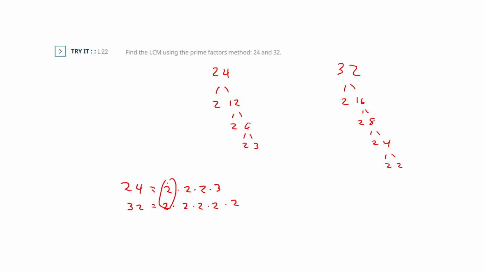Okay, so every time they share 1, I'm going to bring down 1. So they shared 3 2s. Now, everything else they don't share gets brought down individually. And I get this. What do I got? 4, 16, 32, get 96. Now, the brute strength method, just chug it out, would have worked too. But I think this is good because it also helps you understand the power of factors.